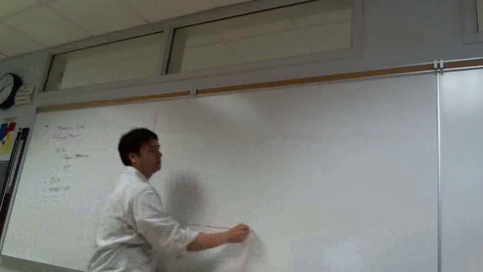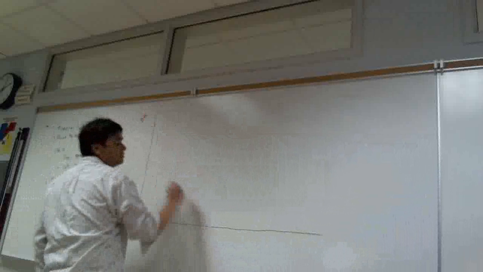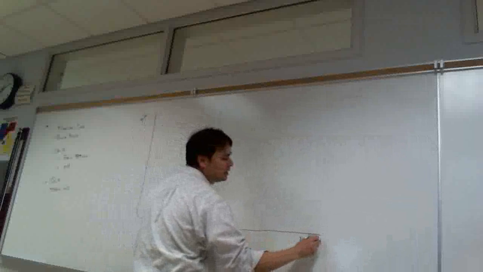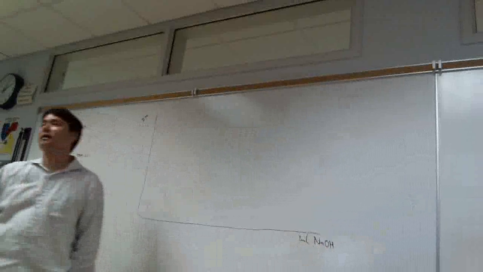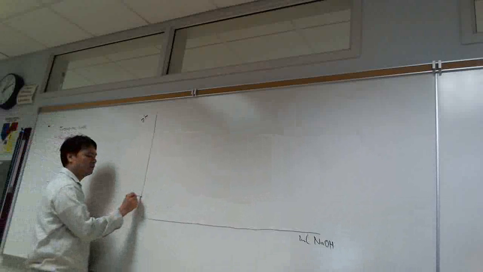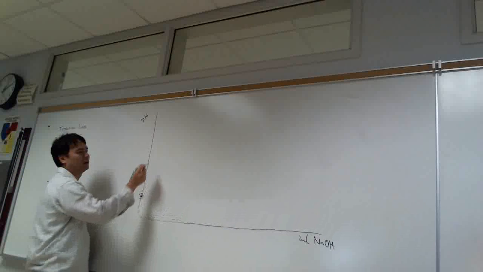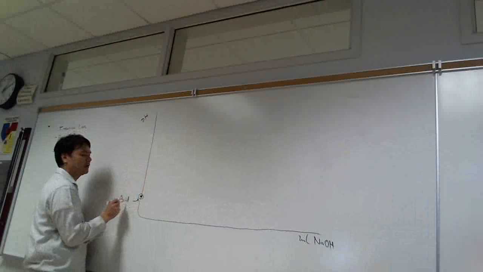We're just plotting the pH versus milliliters of sodium hydroxide. And so we just need to collect data. As we add sodium hydroxide, we just measure the pH. But the first data point here is just going to be your acid with no sodium hydroxide.